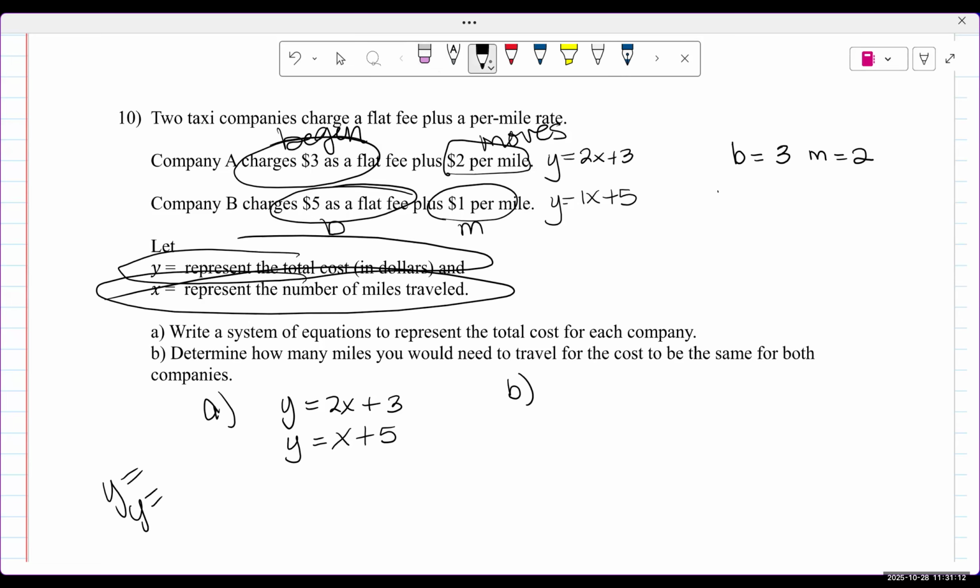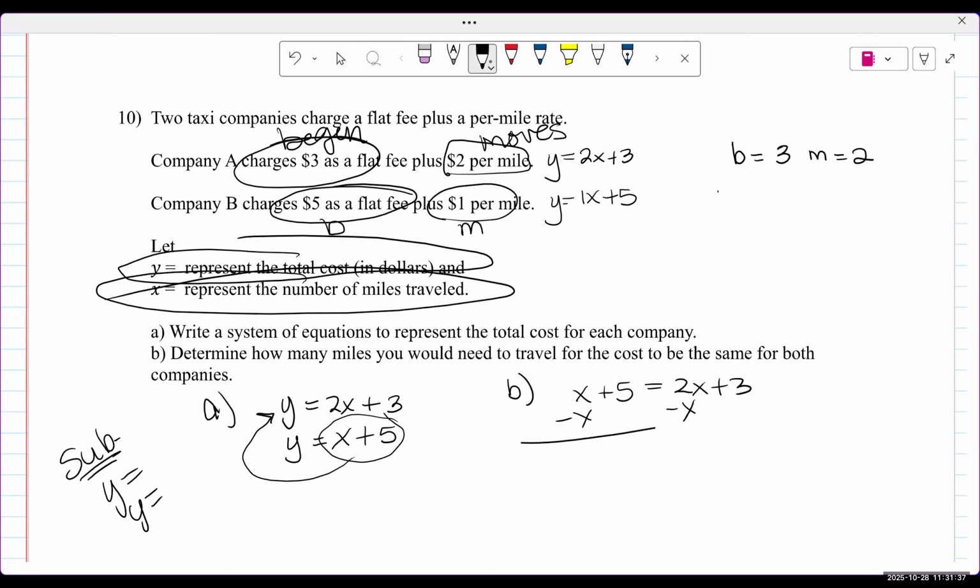Number 9, I used the elimination method. Number 10, when I have two equations in y equals, I'm using the substitution form. So we're going to substitute x plus 5 in place of y. So I have x plus 5 is equal to 2x plus 3.